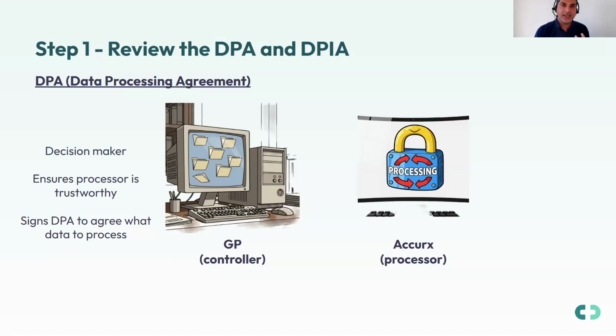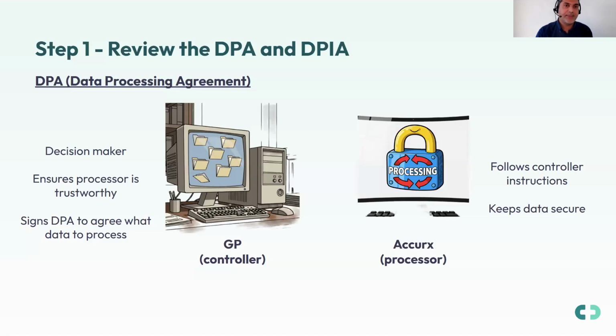Essentially, as the controller, you are the decision maker, and you need to ensure that the processor is trustworthy. Then you sign the DPA, which outlines what data you're going to be processing. From the processing end, they follow the instructions in that agreement and follow the controller's instructions. They are there to keep that data secure within that agreement.